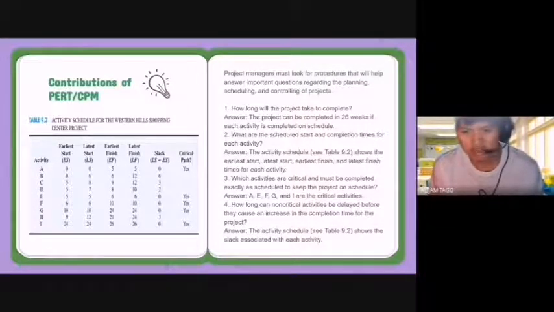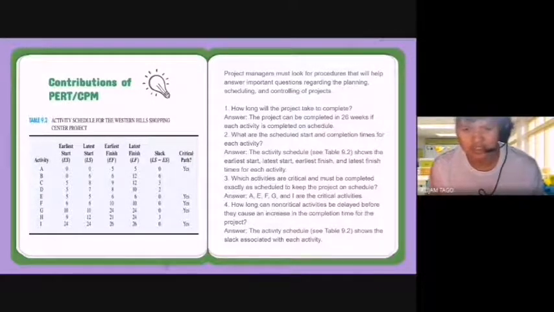The second one is, what are the scheduled start and finish or completion times for each activity? The answer, which can also be seen in Table 9.2, is that the earliest start, earliest finish, latest start, and latest finish are shown for each activity.